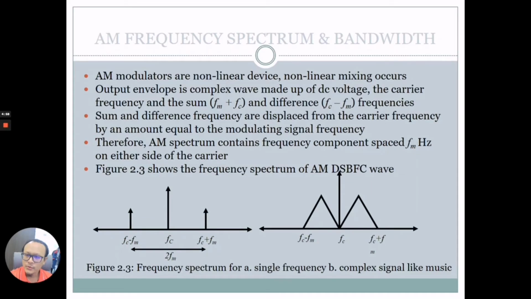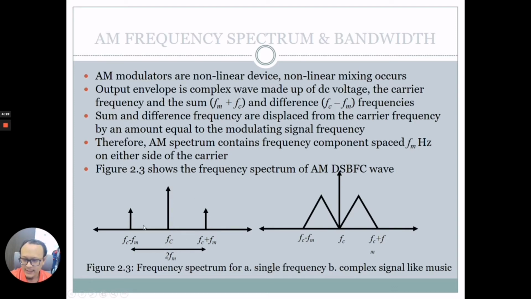So how do we represent that equation? We have the carrier signal, lower sideband and upper sideband. We can use a frequency spectrum to represent that equation. If you look at this frequency spectrum, we have FC in the middle, and on the left and right are the lower sideband and upper sideband.